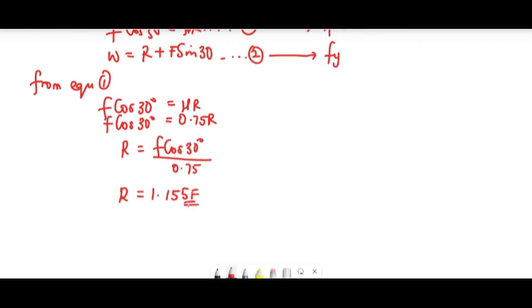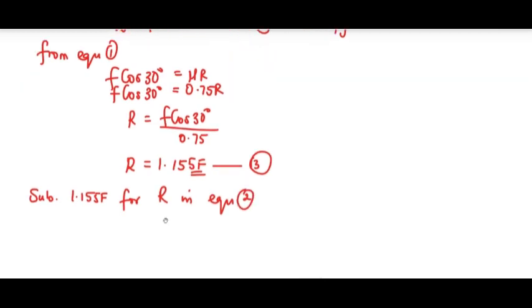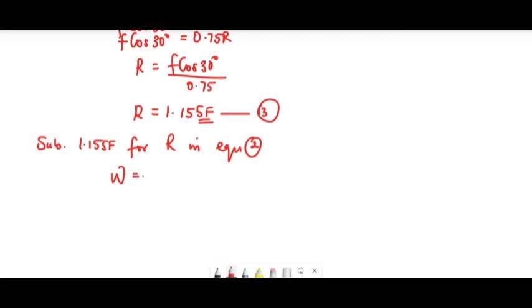So this is my answer for R, but I have not gotten a fixed value for F. So substitute this that you've gotten, this is your equation 3, substitute 1.155 F for R in equation 2. So what am I going to have if I substitute that in equation 2? W equals R plus F sine 30 degrees as our equation 2, right?